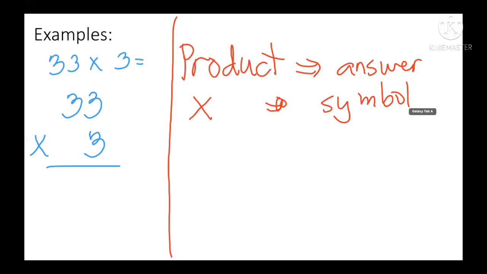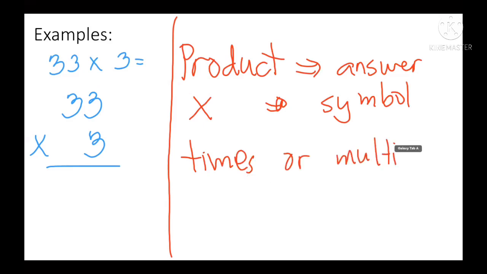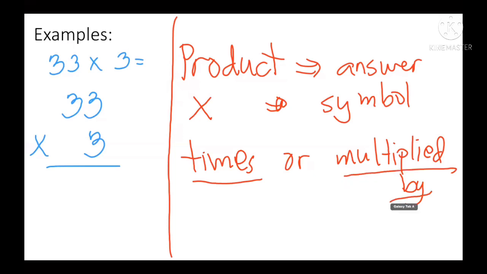And then the words that you can use in multiplication are times or multiplied by. Okay? So you can say 33 times 3 or 33 multiplied by 3.